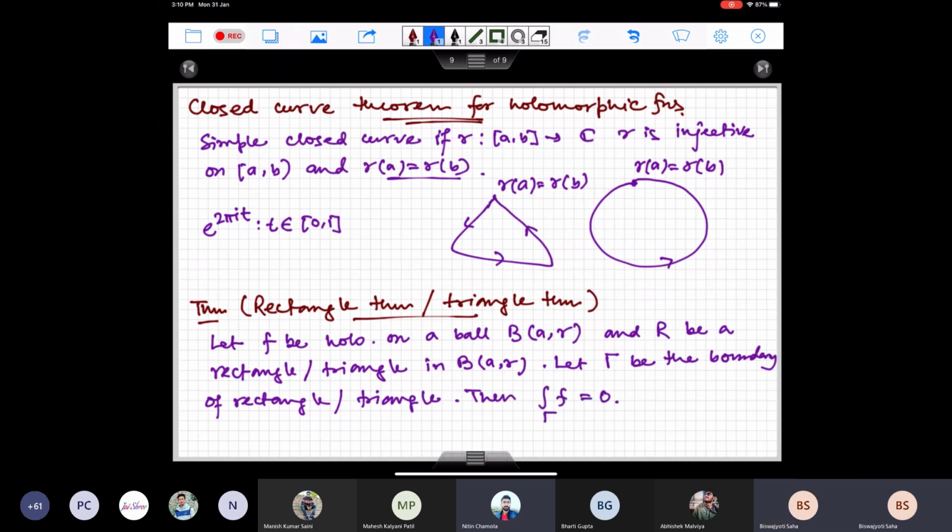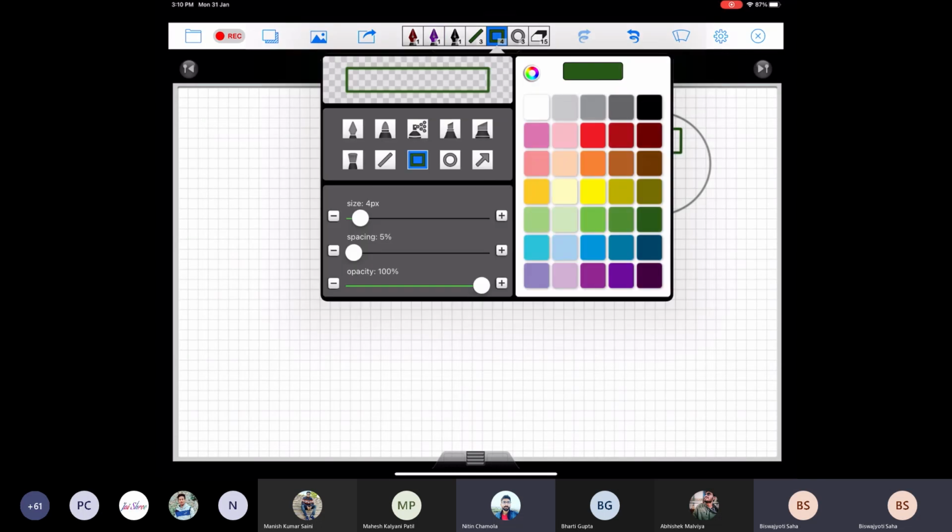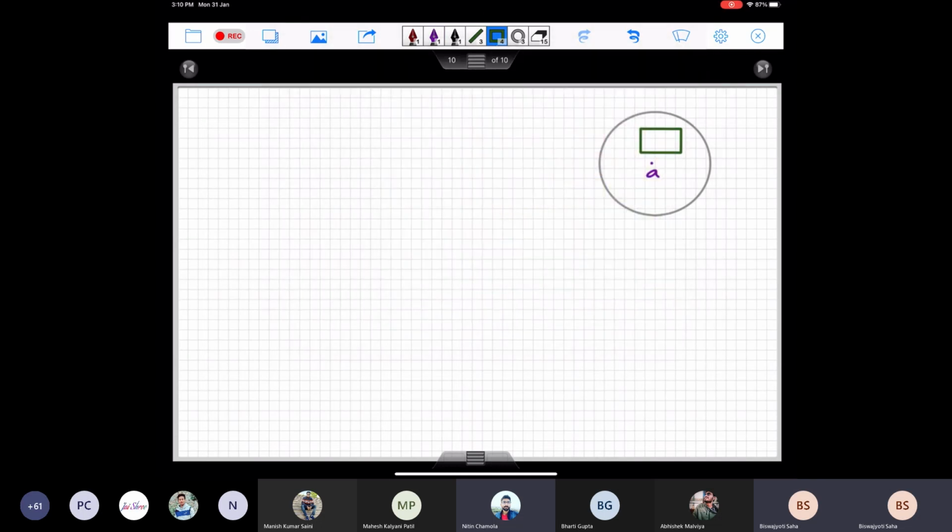So what I am saying over here is that I have a ball somewhere, around a point A, and I have a rectangle in that ball, some rectangle like this or some triangle. I do not know if I can draw a triangle. No, I can't. Anyway, let's say I have a triangle somewhere here inside the ball.